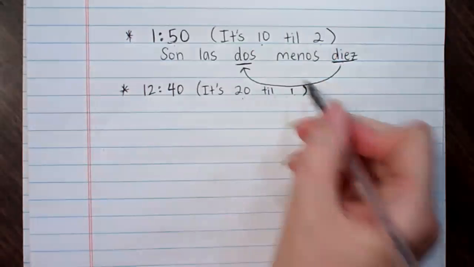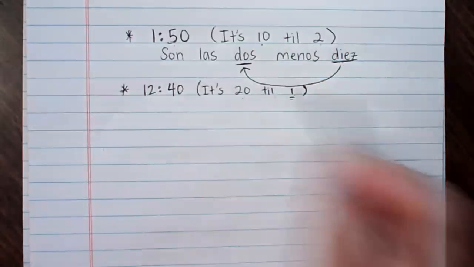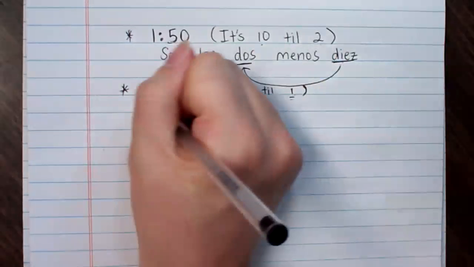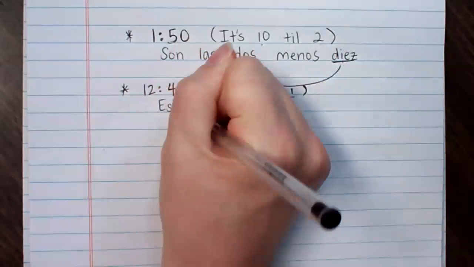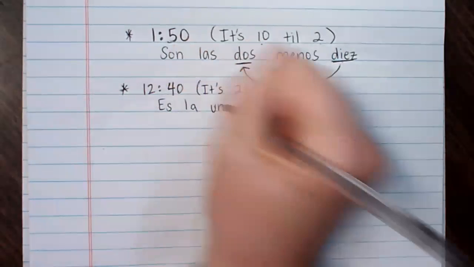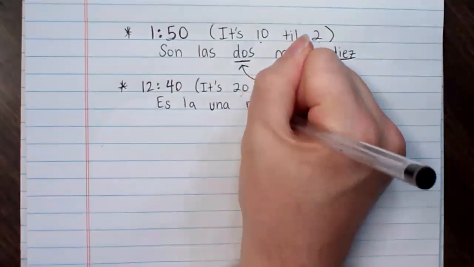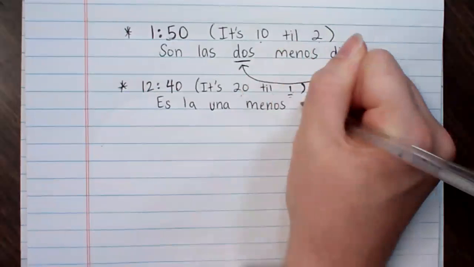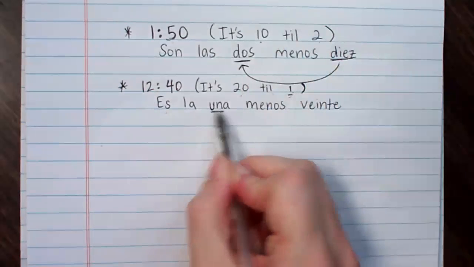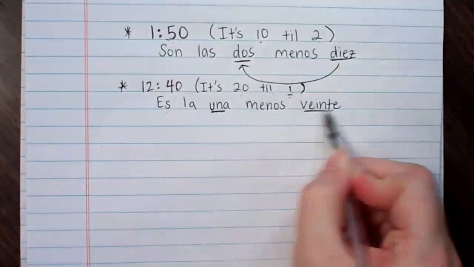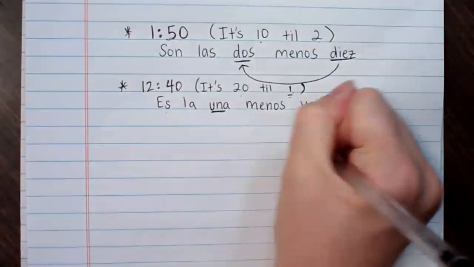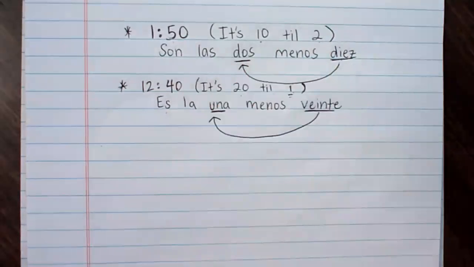And we have to remember, if our hour is 1, instead of saying son las, like we did up here, we have to pick es la. So es la 1 menos 20. It is 1 o'clock minus 20 minutes. Or if you want to think about it in English, it is 20 minutes till 1.